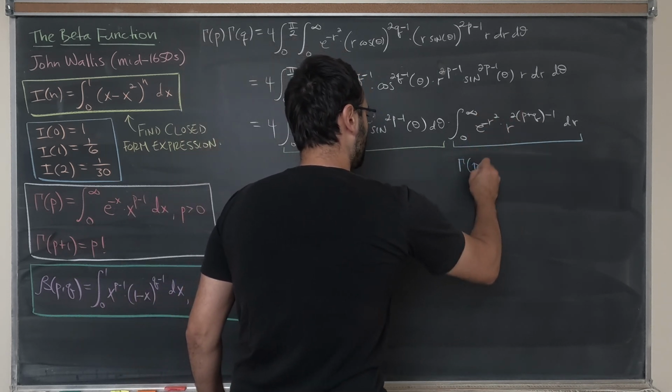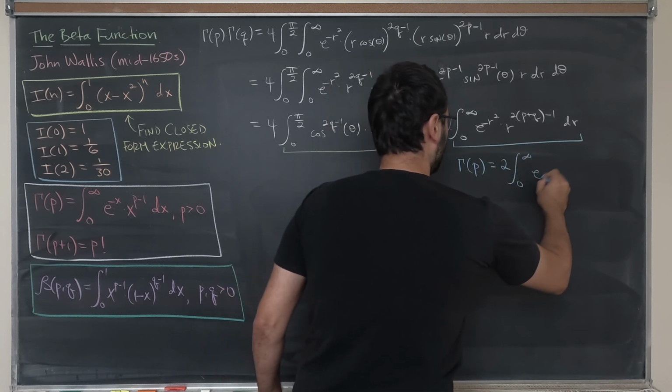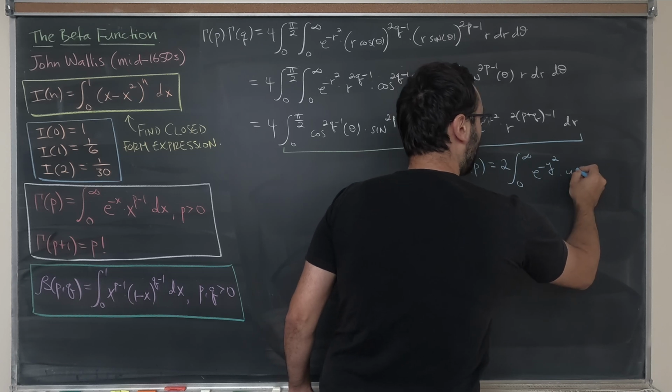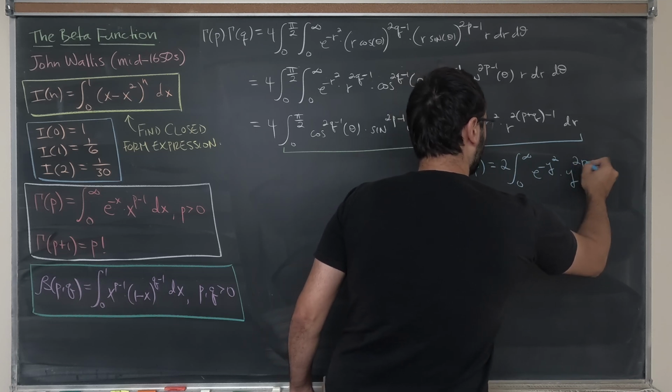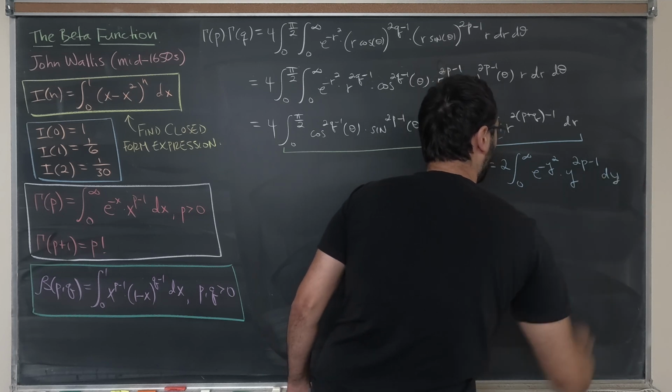Gamma of p equals twice the integral from 0 to infinity of e to the minus y squared times y to the power 2p minus 1 dy.